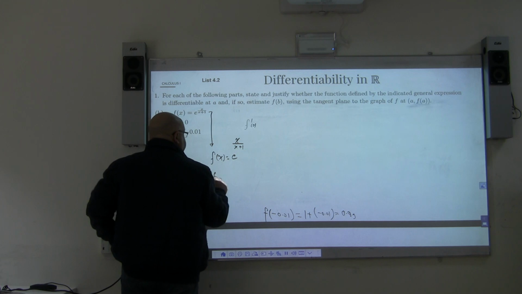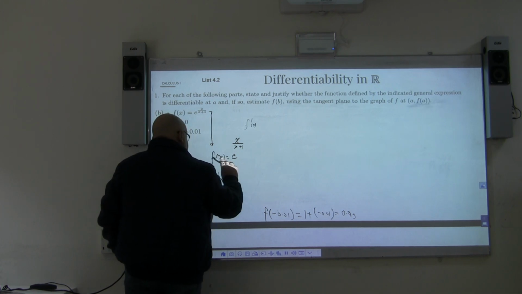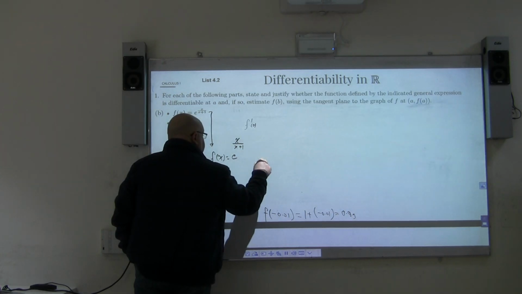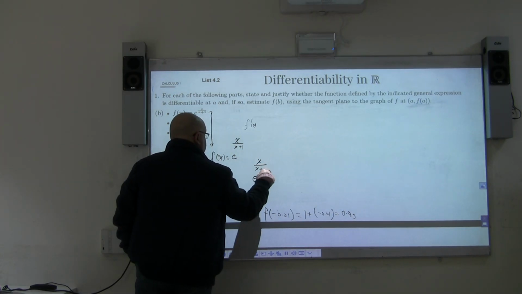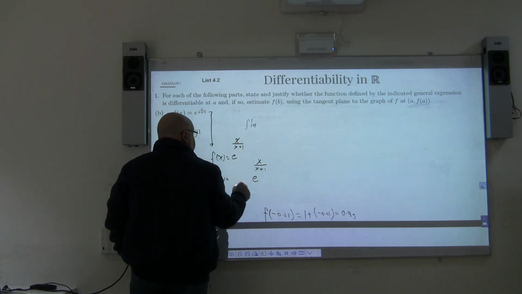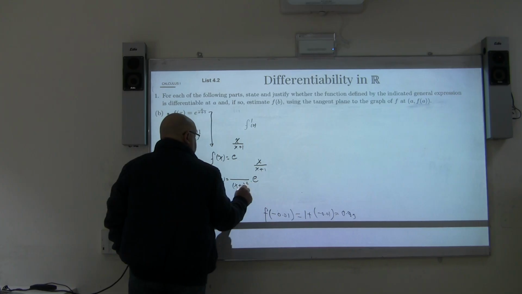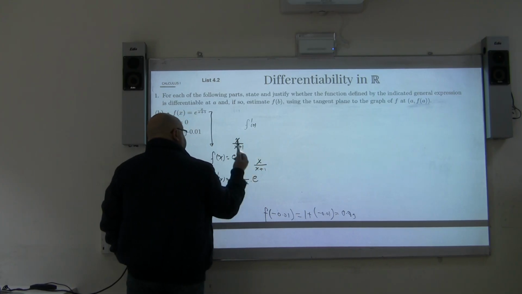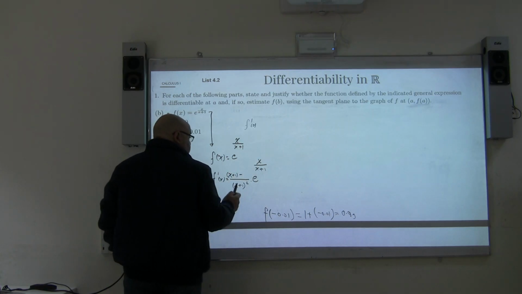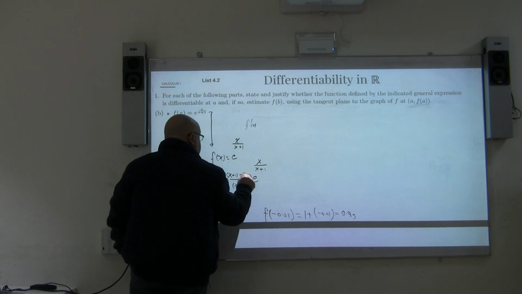So f dash x without the rho, it's going to be the exponential function, e to the power of x over x plus 1, times the derivative of this part. The derivative of this part is going to be x plus 1 to the power of 2, then differentiate the numerator, which is 1, times the denominator, which is x plus 1, minus differentiate the denominator, which is 1, times x.